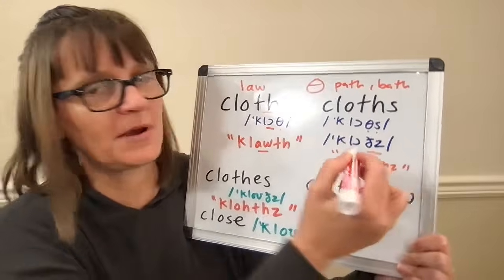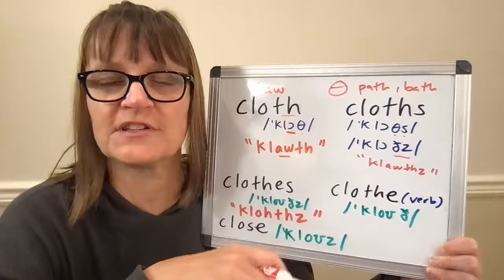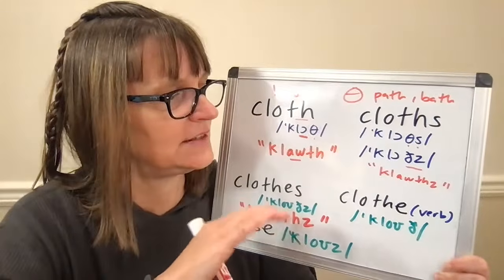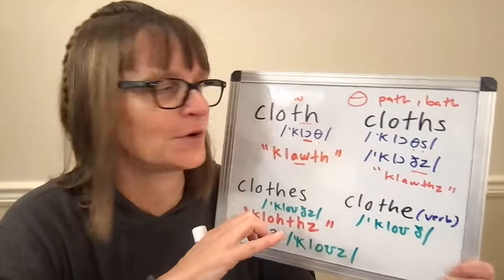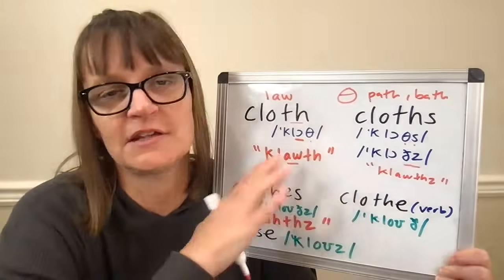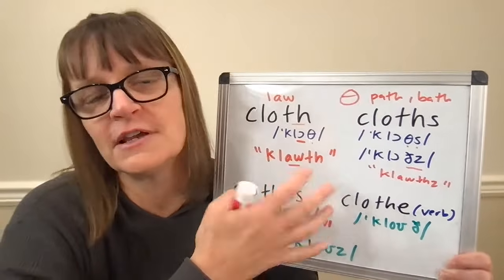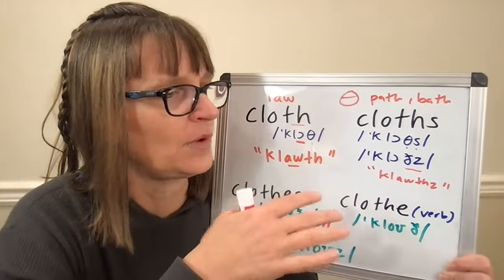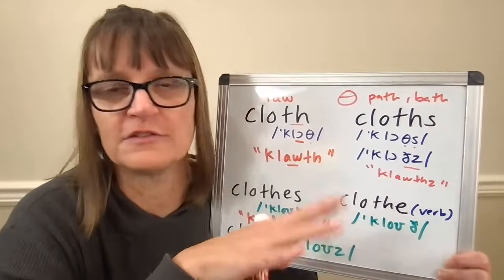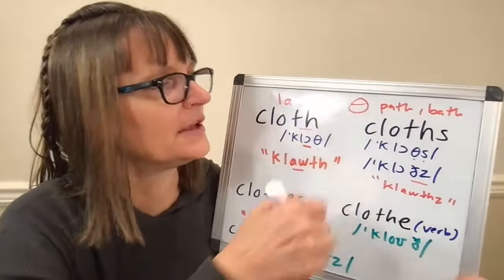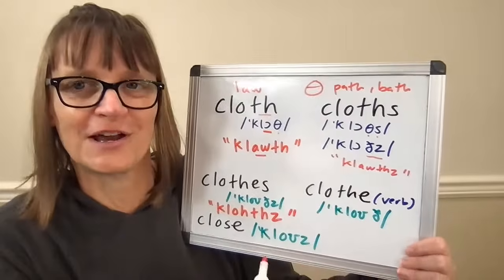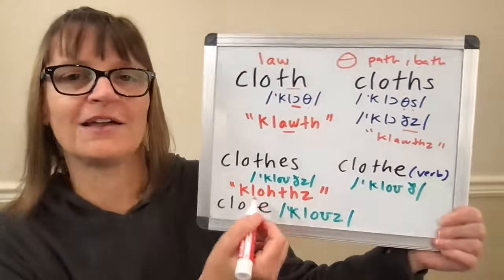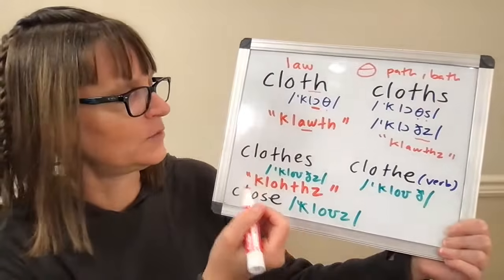If I'm going to be talking about cleaning cloths, for example, I might use that voiced sound, the TH that's voiced and the Z that's voiced. That's not as common of a word to say, but I do think people say cleaning cloths. We have a number of cloths lying around. Not as common and not as important of a word, but understanding it can help you when you move to saying clothes. What happens here?